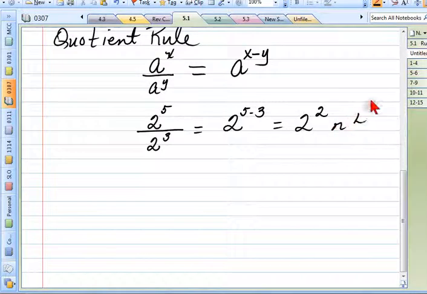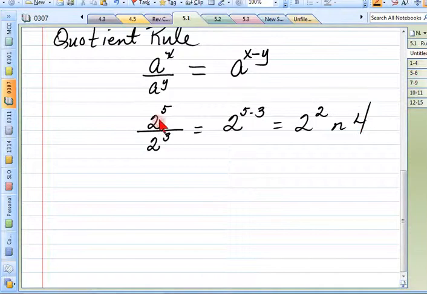Or I could say that that's equal to 4. Depending on what my math lab says about the form of the answer, if it says to write it in exponential form, you would do this. If it does not say to do it in exponential form, then you'd multiply it out.